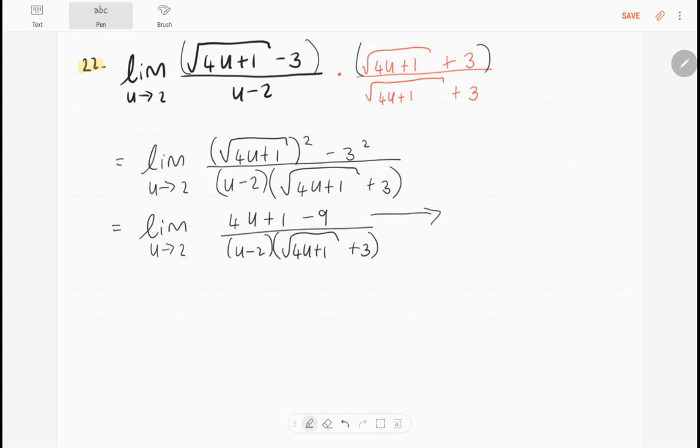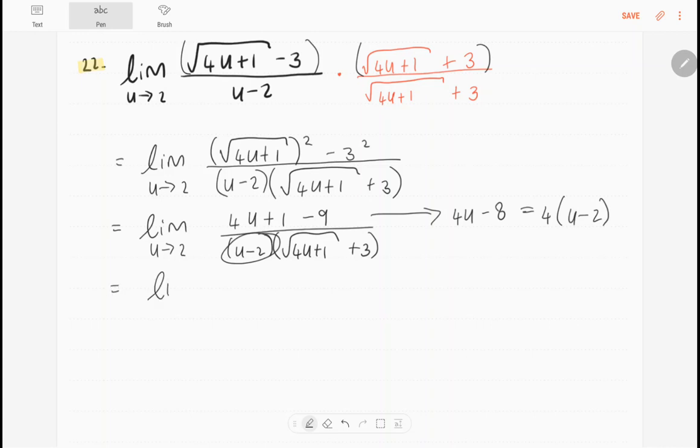The numerator now becomes 4u minus 8. And remember, my goal is to get rid of this u minus 2. So the 4u minus 8 I can write as 4 times u minus 2. And can you now see that now I can cancel out the bracket in the numerator and the denominator.